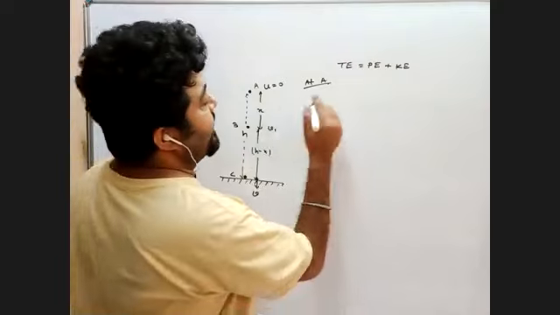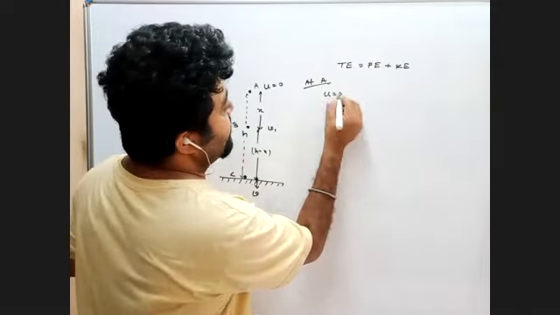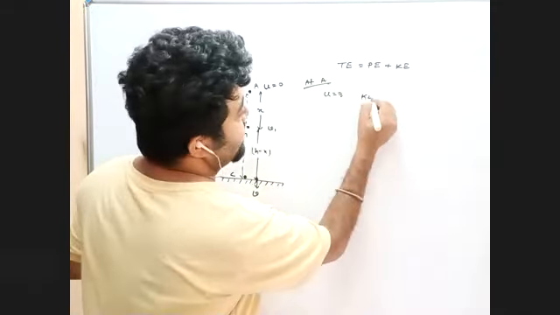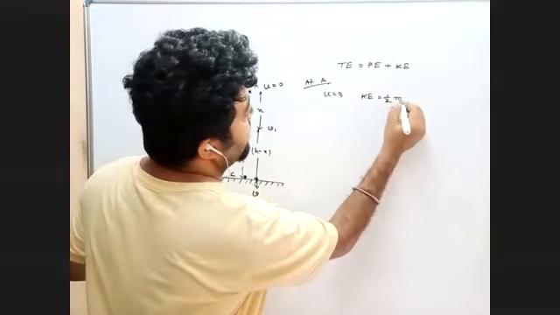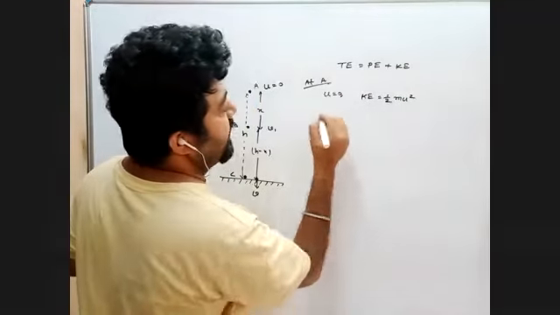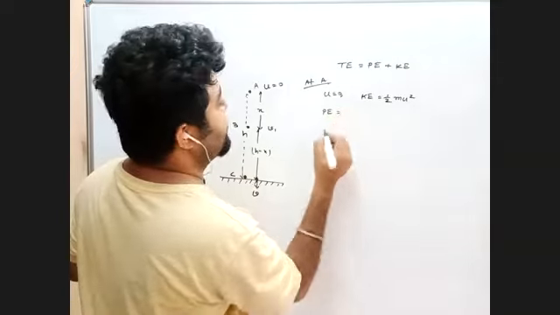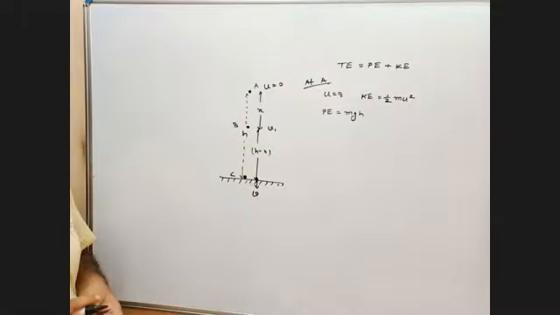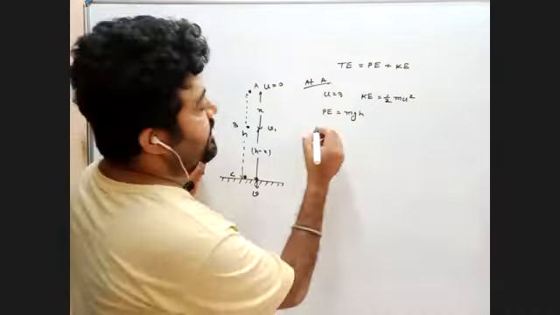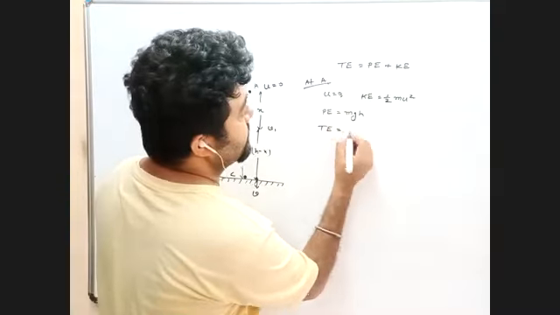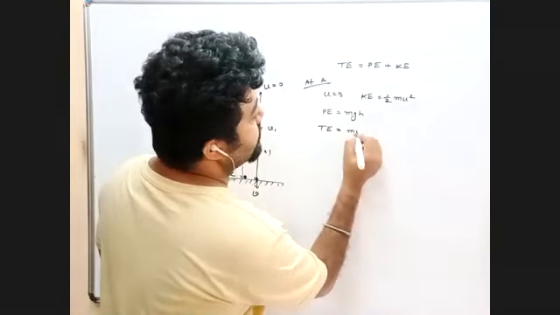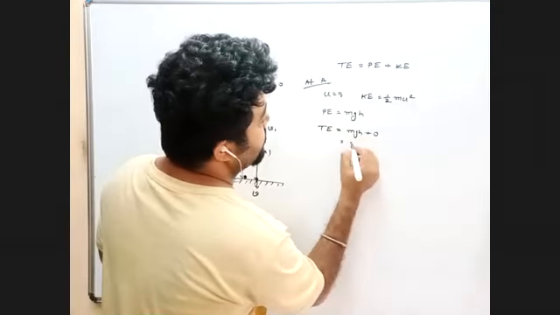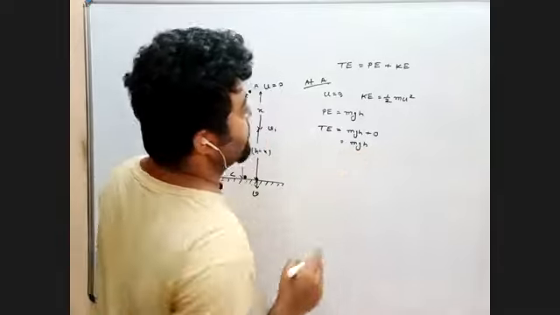At A, as the initial velocity is 0, the kinetic energy is half mu square, which is 0, and the potential energy is mgh. Is it okay? Yes, sir. So the total energy is mgh plus 0, that is mgh. This is the first part.